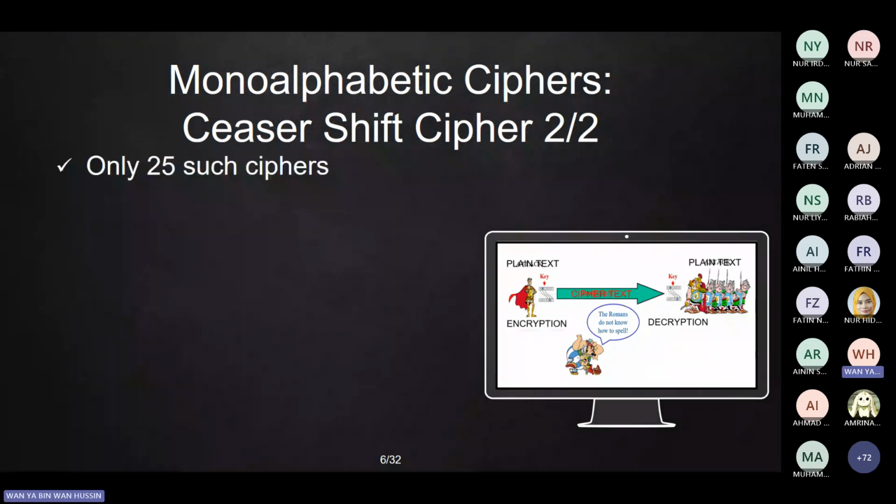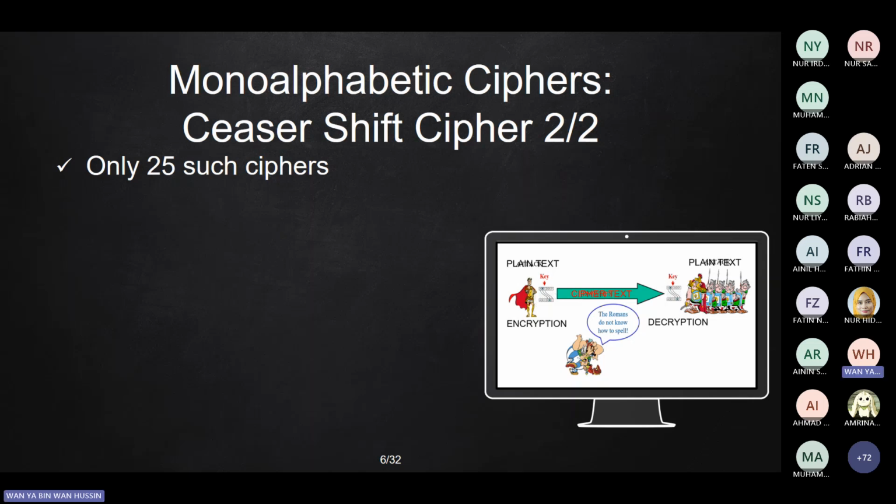And this particular crypto algorithm, we call it monoalphabetic cipher. Why mono? Because we use one single rule, one substitution rule, applied to every single alphabet.